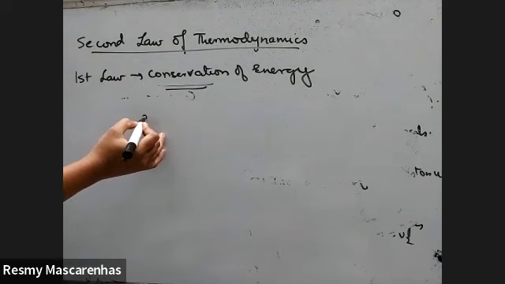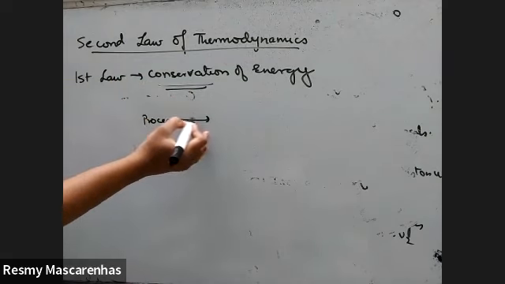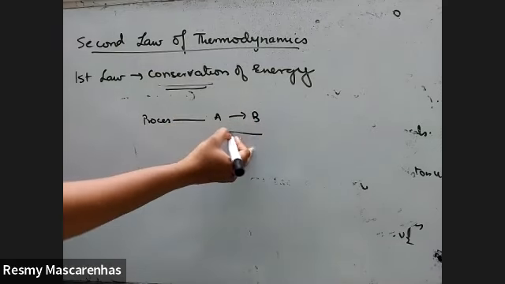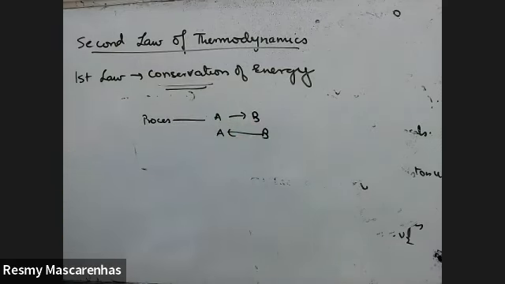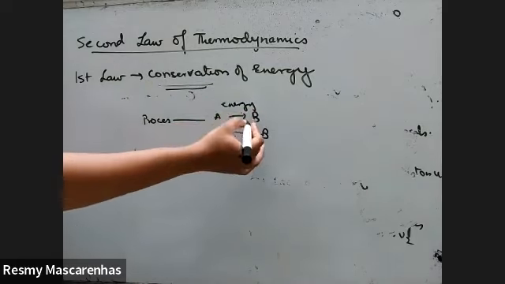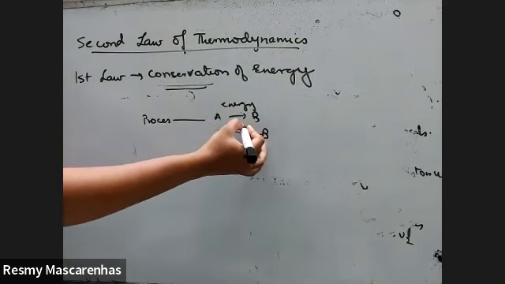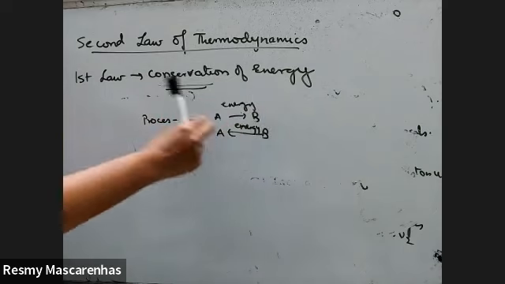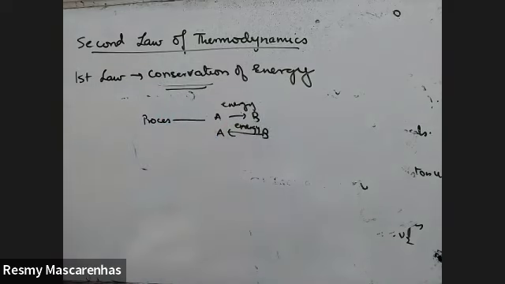Any process which takes place from A to B, in order to conserve the energy, it should be able to go back from B to A, using that same energy.